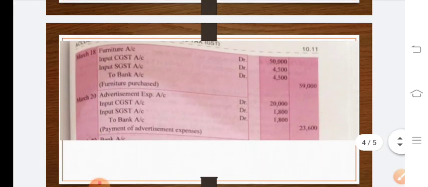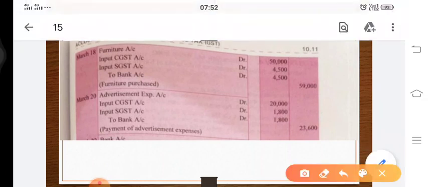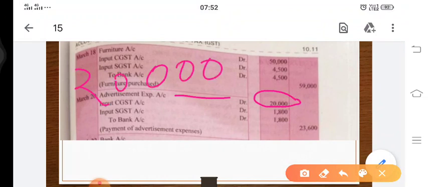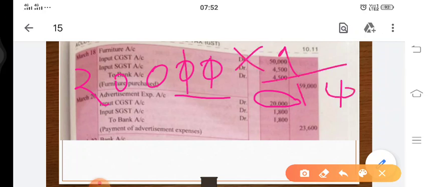Here we go. Advertisement being an expenditure, advertisement account debit. How much? 20,000, as we already have discussed the amount. Now since advertisement of 20,000 has to bear some CGST and SGST, 20,000 into 9%, that comes to 1,800.